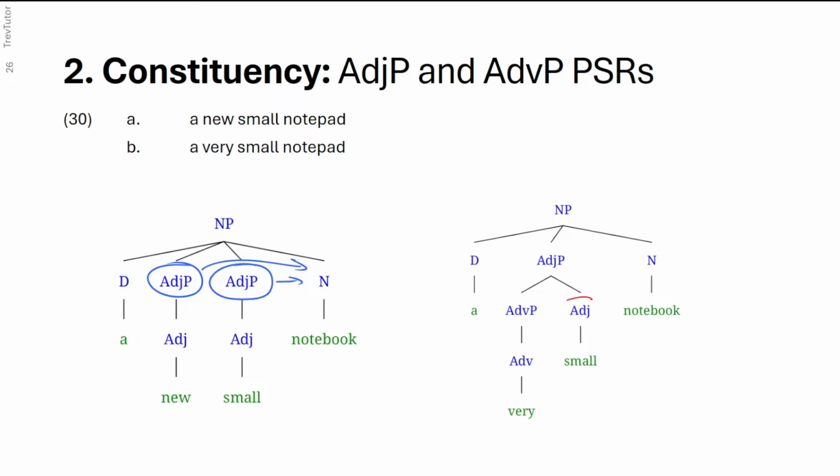We just have one adjective small, so that builds into an adjective phrase, and that adjective phrase is modifying the noun. But we do have this modifier very, which is an adverb phrase, that's going to be modifying the adjective. So although each of these phrases each have 4 words, the structure is slightly different because in 30A, new and small are separate adjectives, but in B, very small, that is one adjective phrase together. So very small versus new and small.